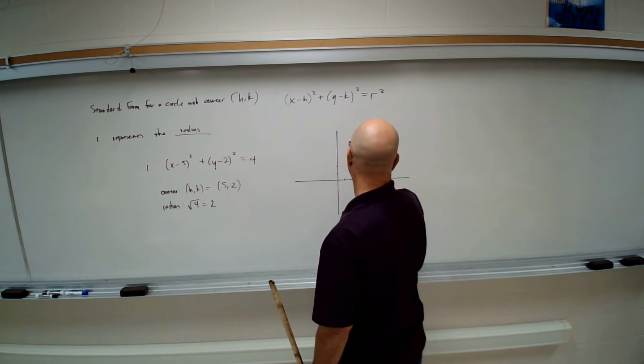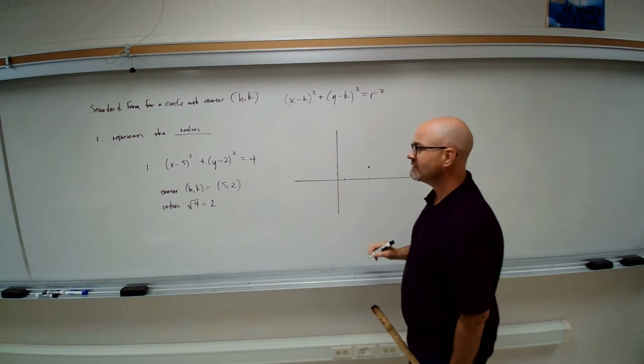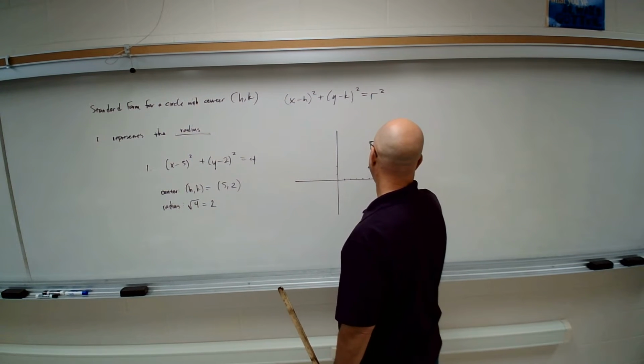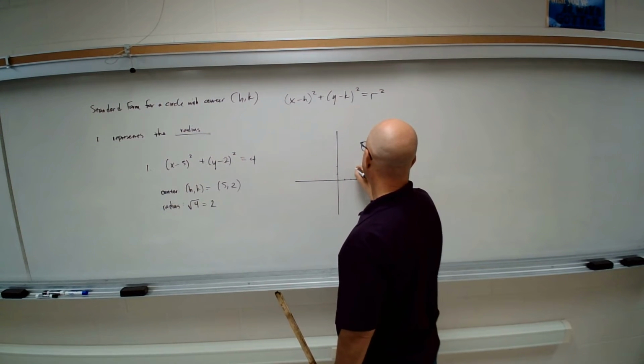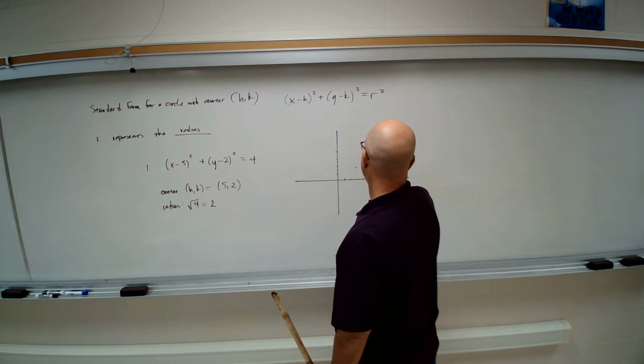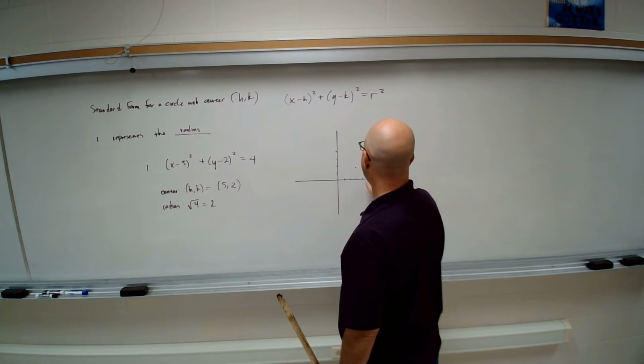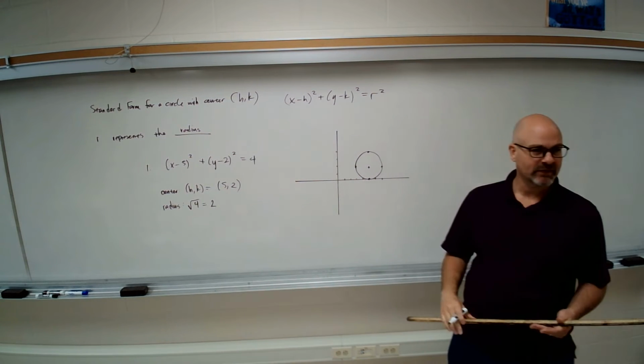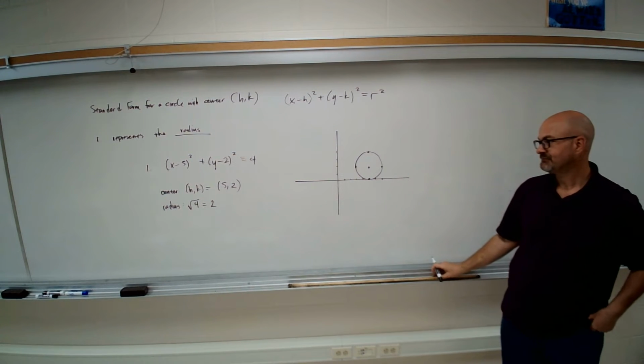There is our point (5, 2), which is our center. Then I'm going to go 2 units to the right, 2 units to the left, 2 units up, 2 units down, and do my best to draw a circle there. That's what that graph would look like.